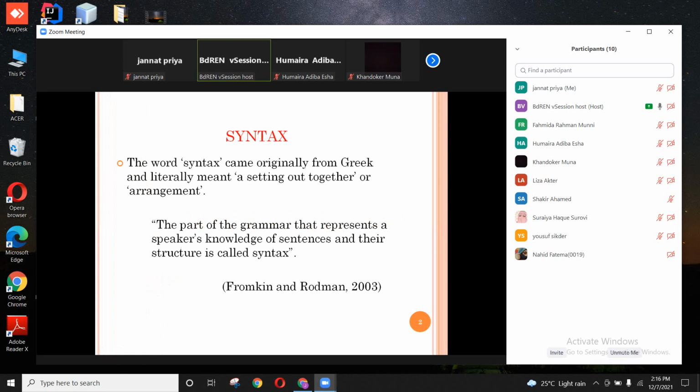If we look at the word syntax, it is derived from the Greek language. So syntax is not an English word. It has been derived from Greek. And the literal meaning of this word is setting out together or arrangement.